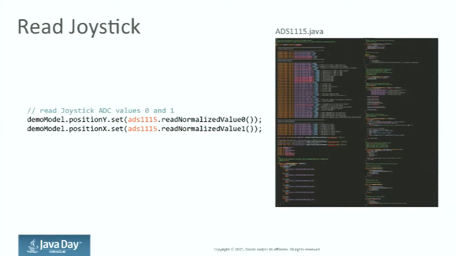So you need a bunch of code that tells it how you want it to behave and what type of data you would like it to collect. Most of this code is involved in setting it up, and then it does a similar thing to the temperature sensor: it reads the value and converts it into a nice Java double value. So here I just read the value between 0 and 1 of the position X and 0 and 1 of the position Y, and set those in my 2 properties.